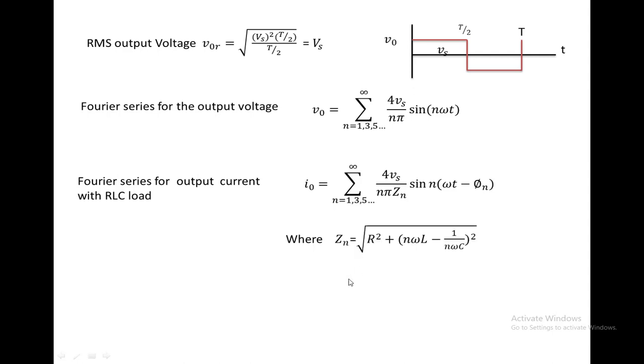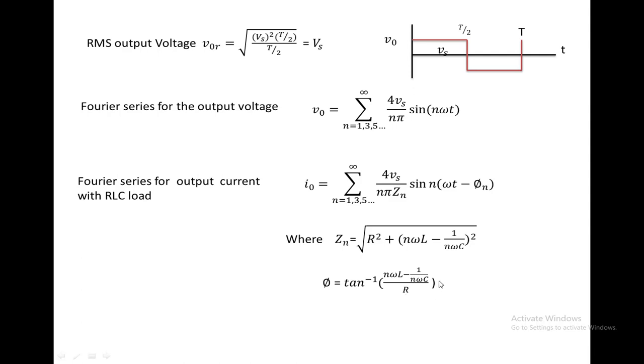Zn is the impedance at the harmonic, that is Zn equals square root of R squared plus n omega L minus 1 by n omega C whole squared. Here we assume that the load consists of inductance as well as capacitance. Phi n is the load angle for the harmonics, so phi n equals tan inverse of n omega L minus 1 by n omega C, divided by R.